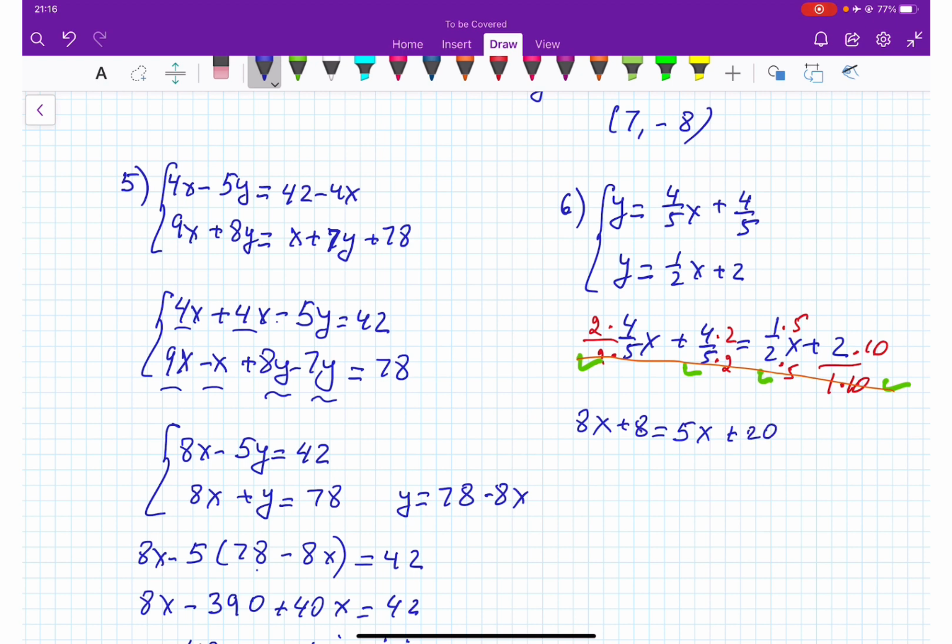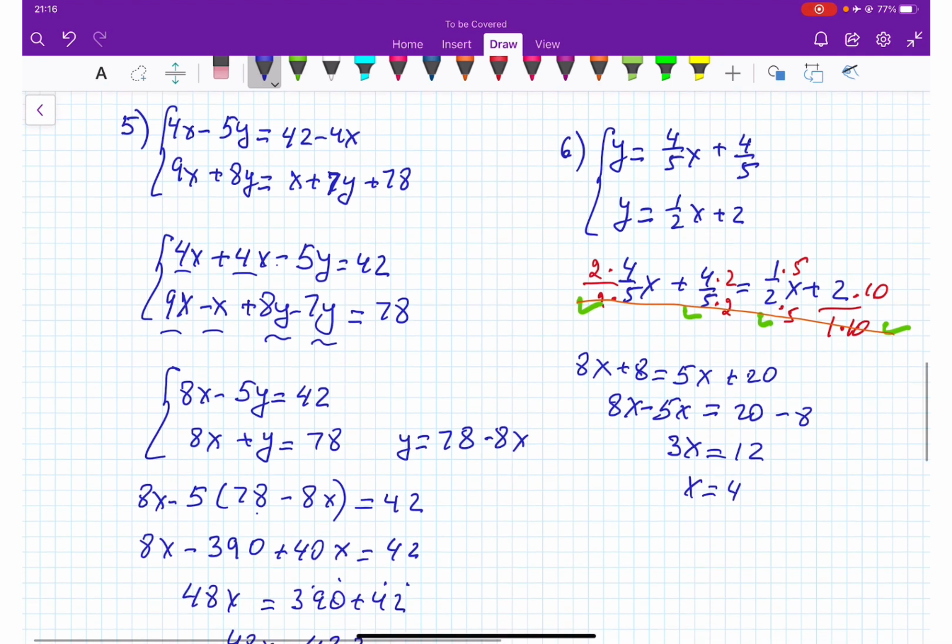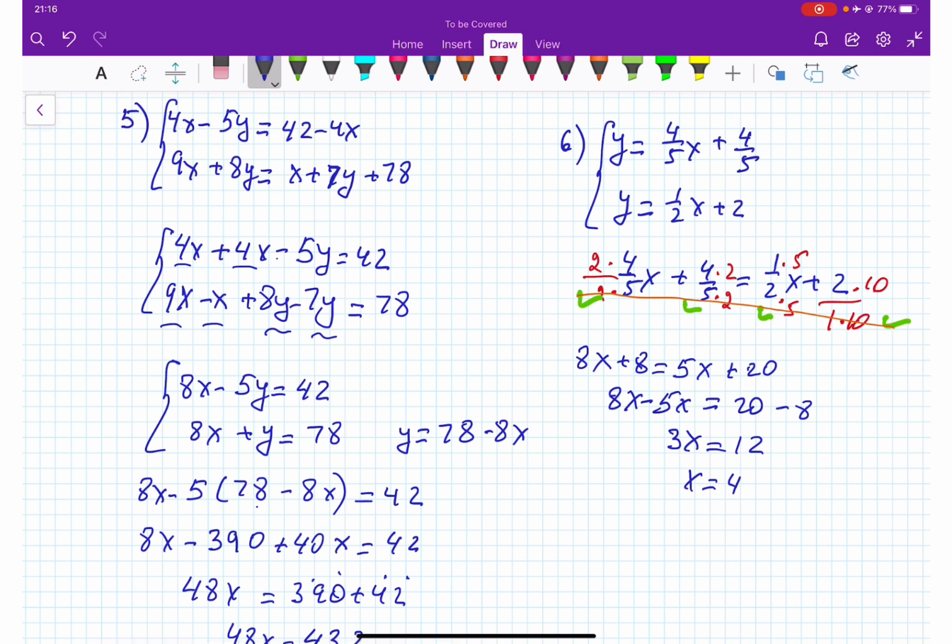So 8x minus 5x, minus 8. So we get 3x is equal to 12, x is equal to 4. Let's find y. I'm plugging into the second one, which is easier to work with.